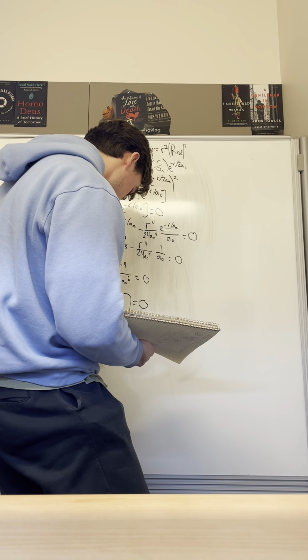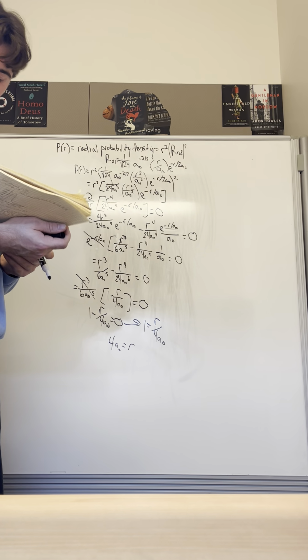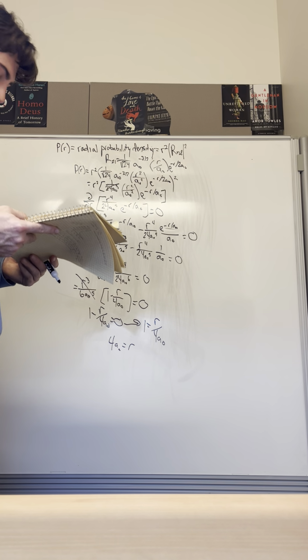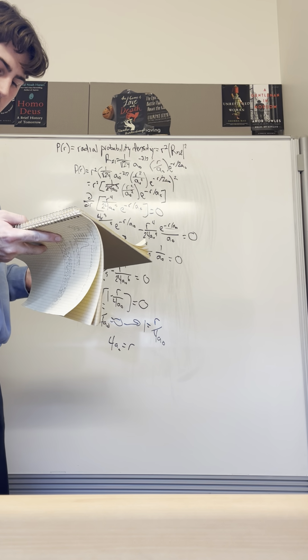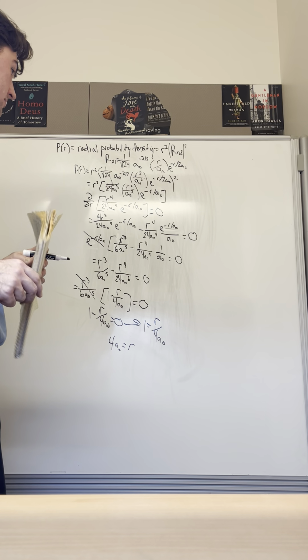So then 4 a naught equals r. So 4 a naught is our most probable location of the electron in the 2p state of the hydrogen atom.